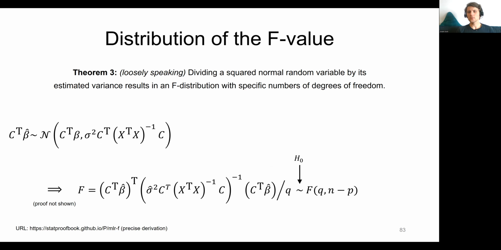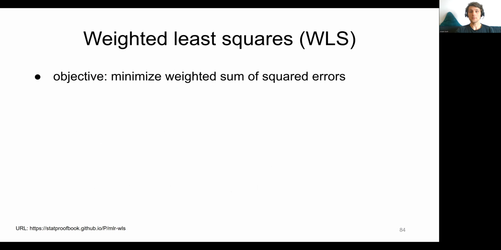One can use the linear transformation theorem for the multivariate normal distribution for yet another purpose, namely for obtaining the weighted least squares equation, which is applied when the errors are not independent and identically distributed.